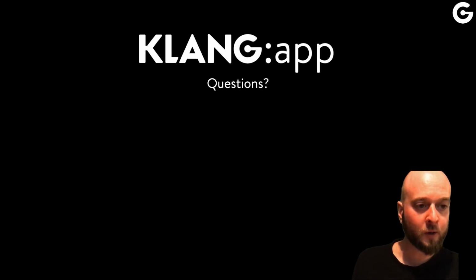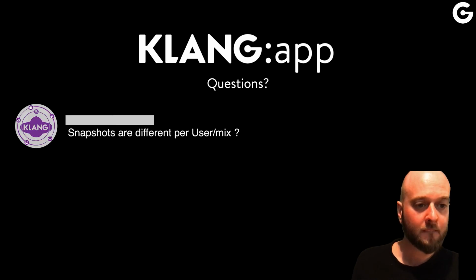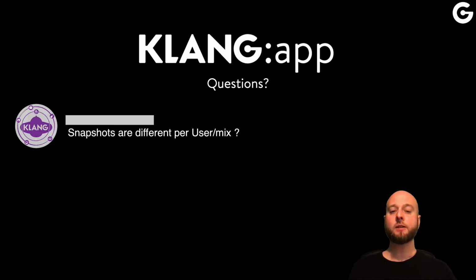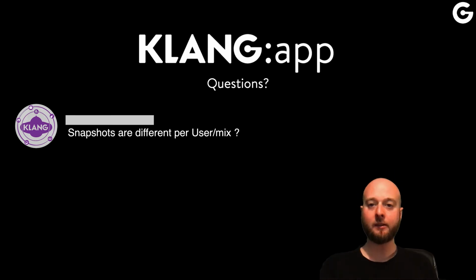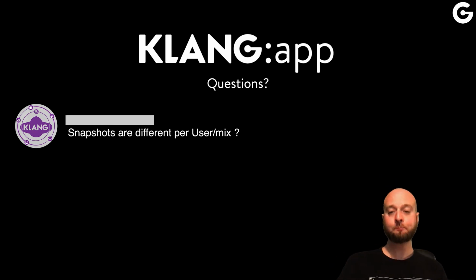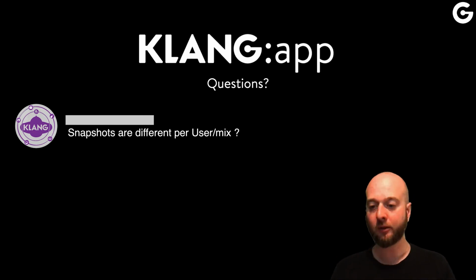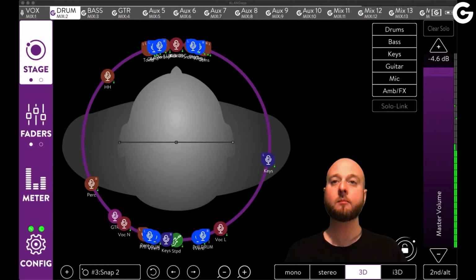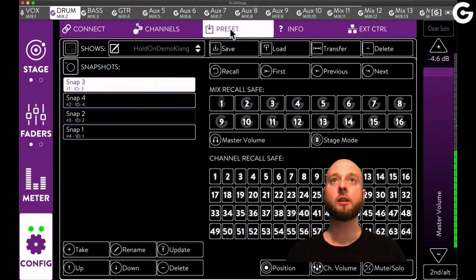So some of them we have answered already. Are snapshots different per user or mix, Ricardo? I think that question came in before I showed the user snapshots. So the global snapshots, that would be these here.